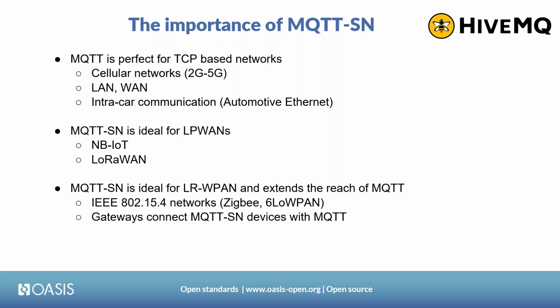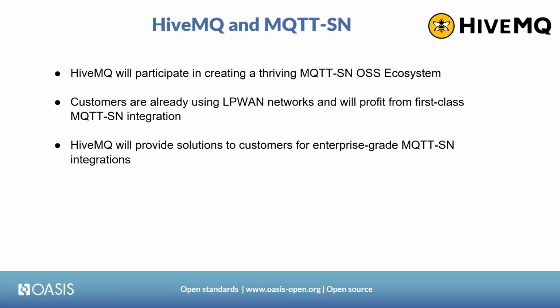And for us, it's very important also to be part of this. We help with standardizing MQTT 3 and MQTT 5 here at OASIS, and now we're also actively participating in MQTT-SN. We also see a lot of customer interest already in this new standardization.